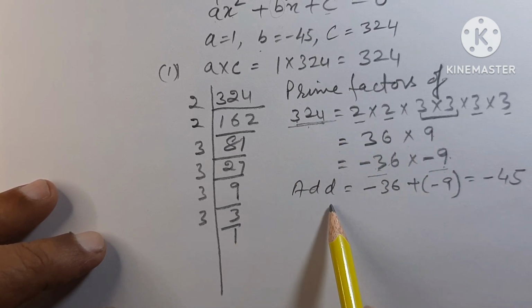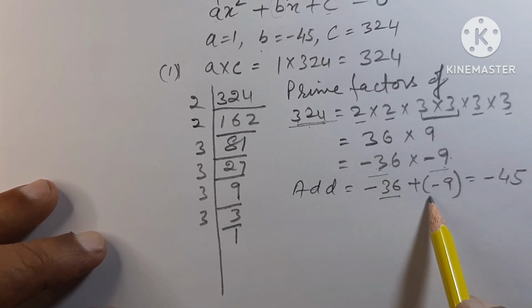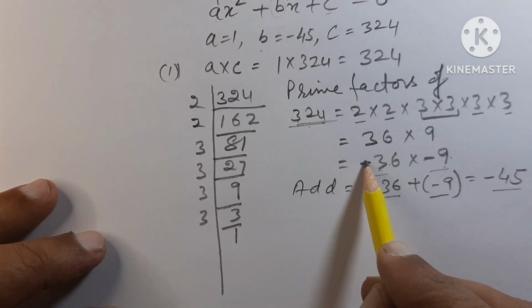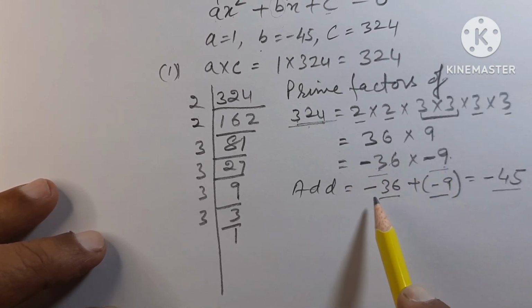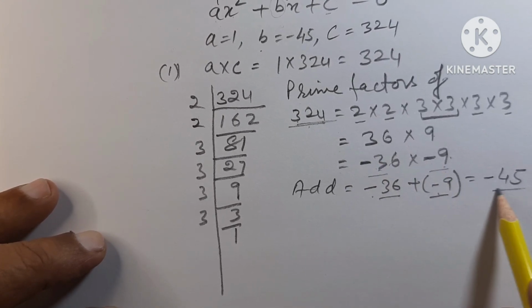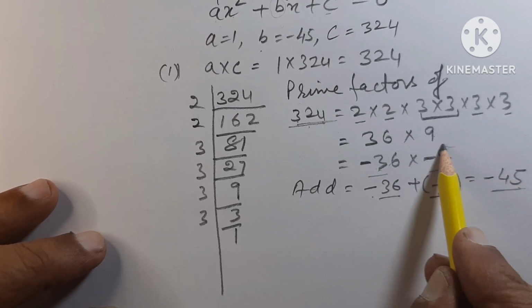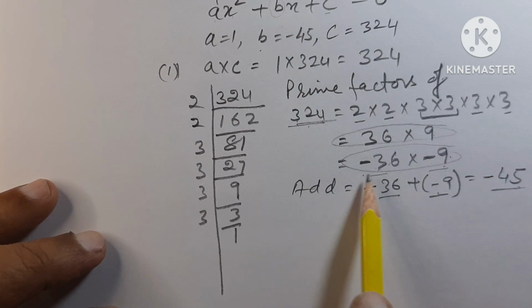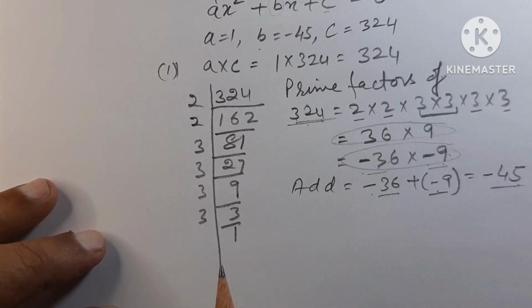When we add minus 36 and minus 9, it becomes minus 45. I have intentionally written minus with both so that when I add, it must be equal to minus 45, because the product will remain the same, as minus minus when multiplied becomes plus.